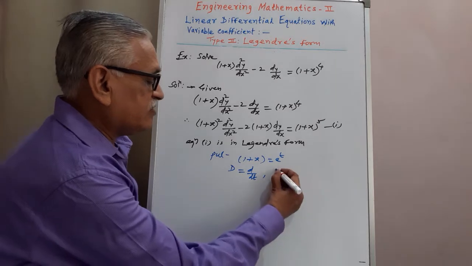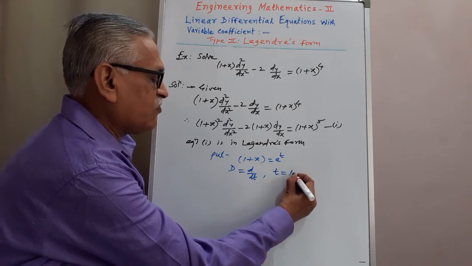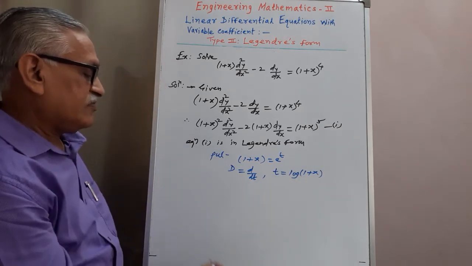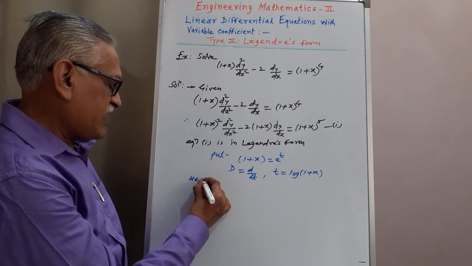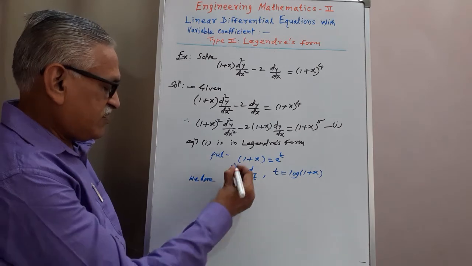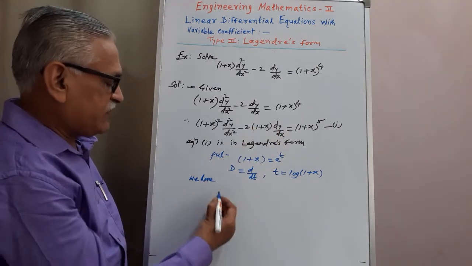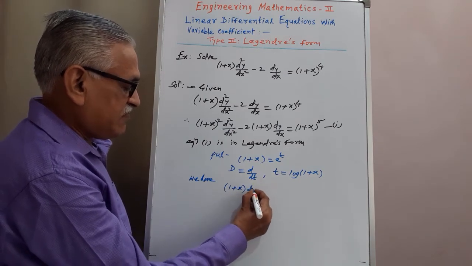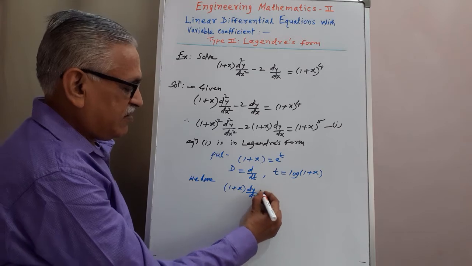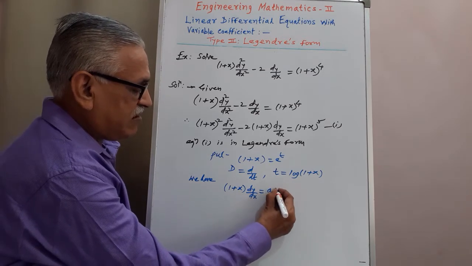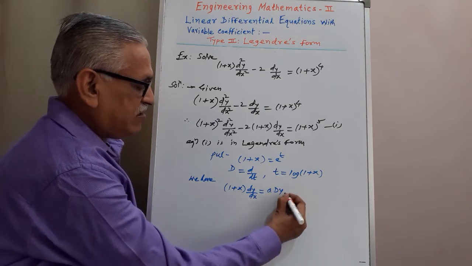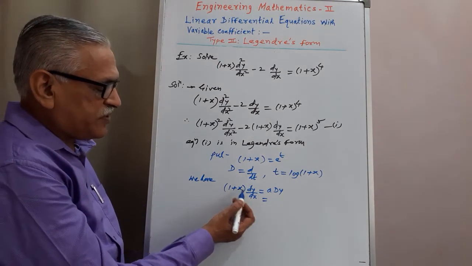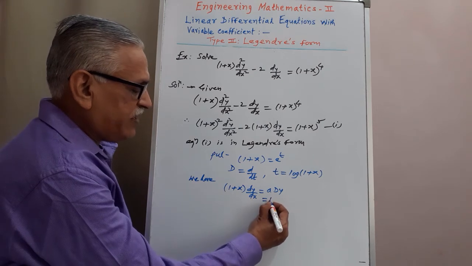We get the value of t as log of (1 + x). Then the value of (1 + x) dy/dx is A times Dy, and the value of A here, the coefficient of x, is 1, therefore it is 1 into Dy.